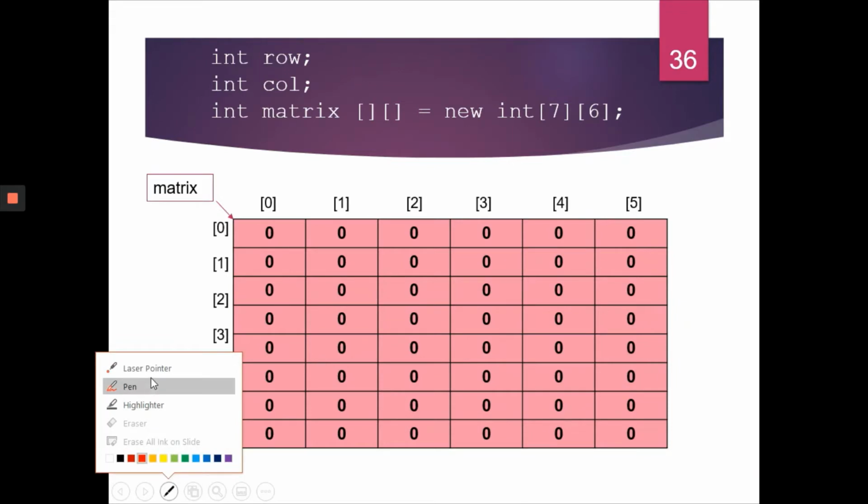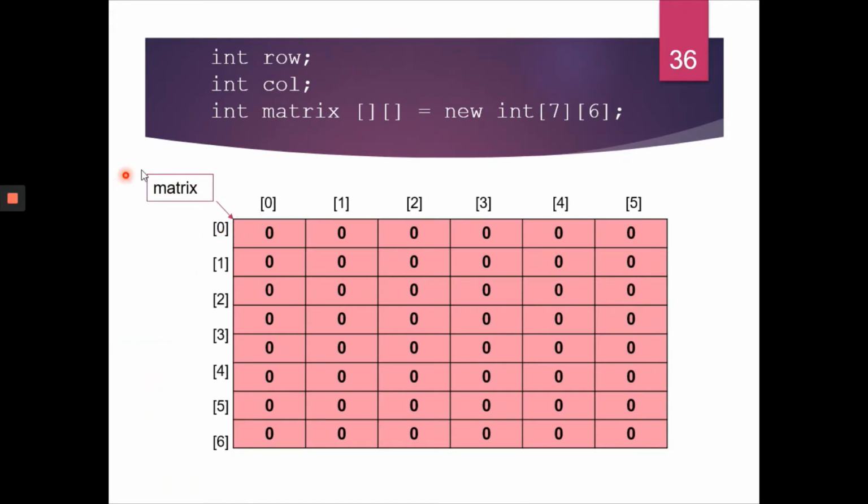This is the memory representation when we declare a two-dimensional array with row size 7 and column size 6. Your index for the row starts from 0 until 6, and your column starts from 0 until 5.